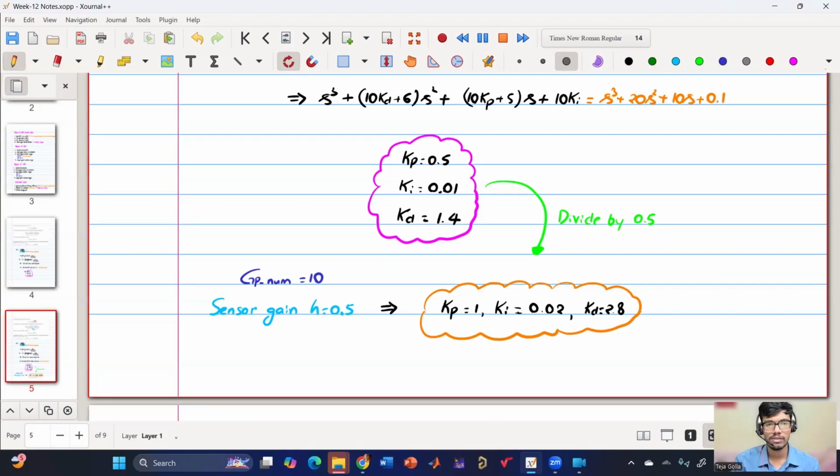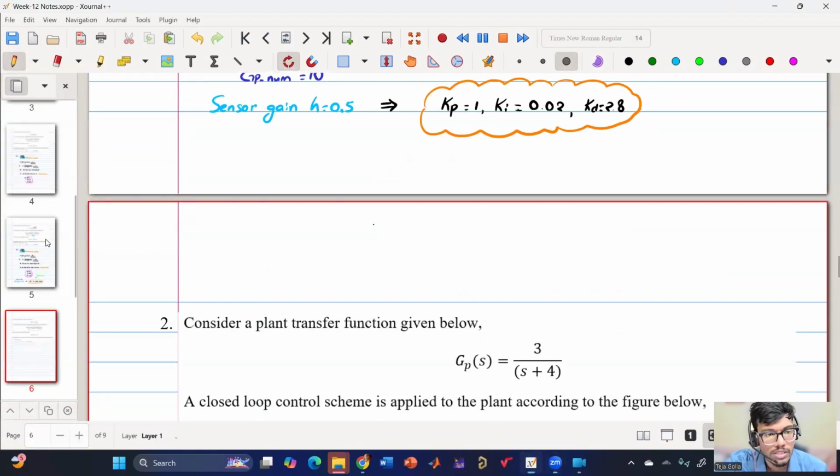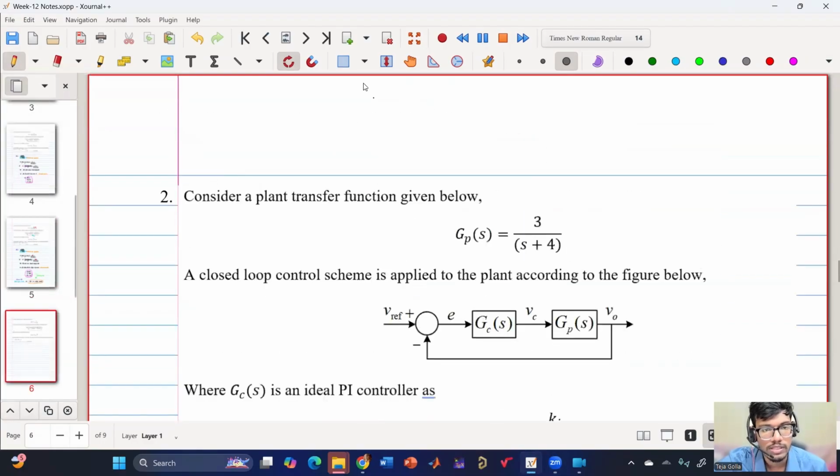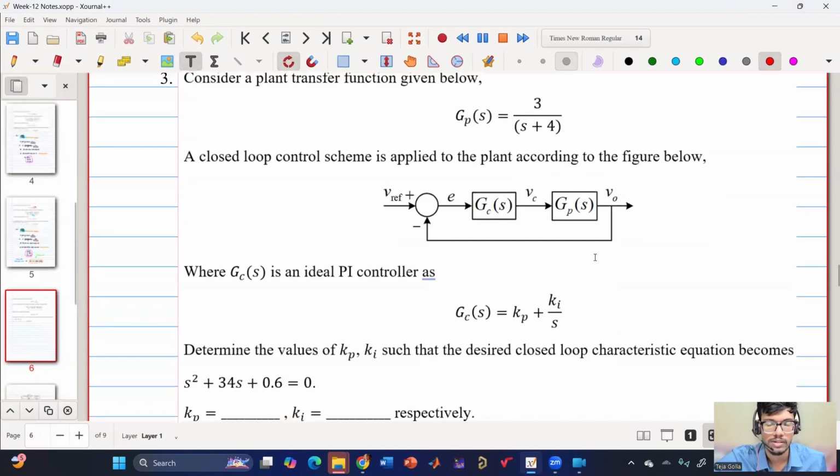So is this clear, everyone? Yes, sir. Okay. So once this part is clear, I have given something similar. Just check this part.